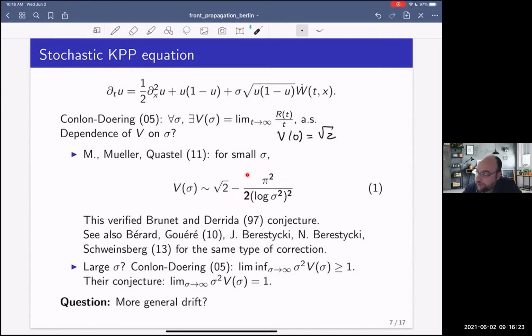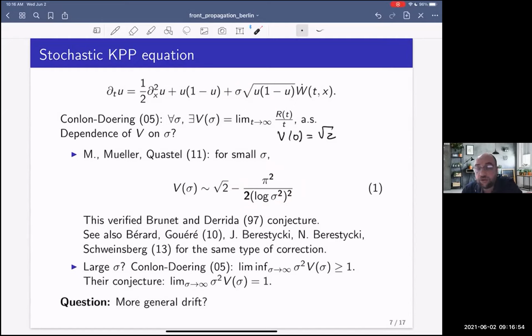One more remark: pay attention that the noise, in fact, has a dramatic effect on the speed of propagation. One might expect that for small sigma, the speed will be changed by some power function of sigma, and it turns out that it's much bigger.